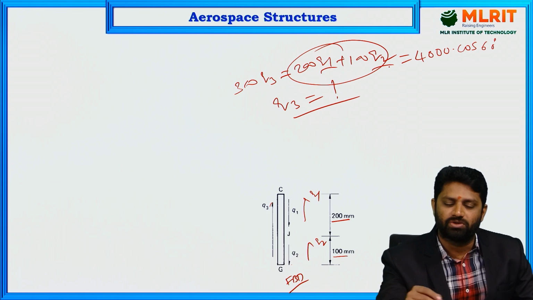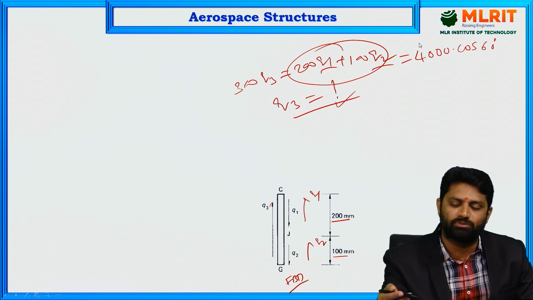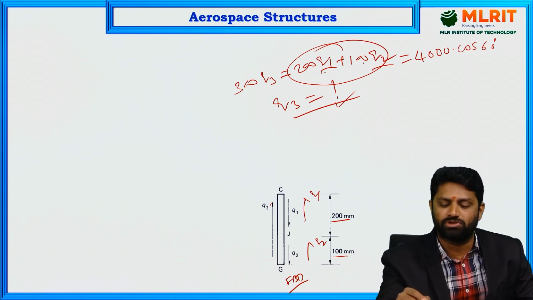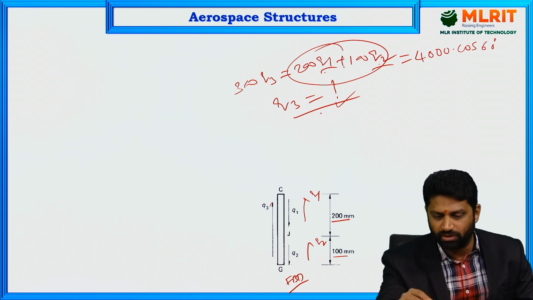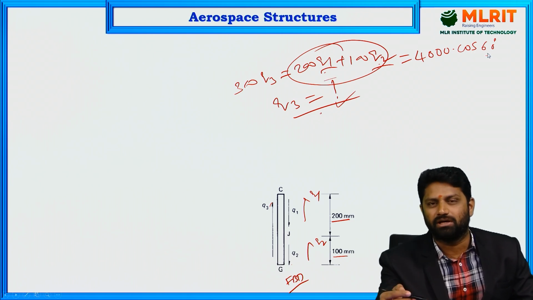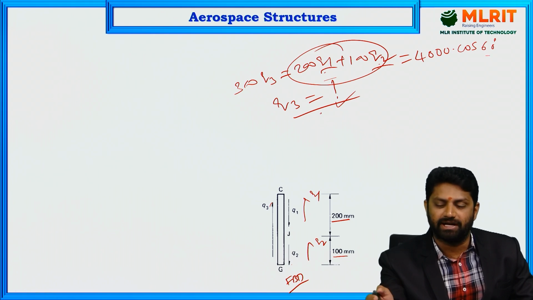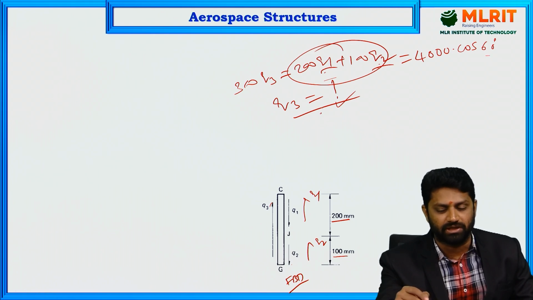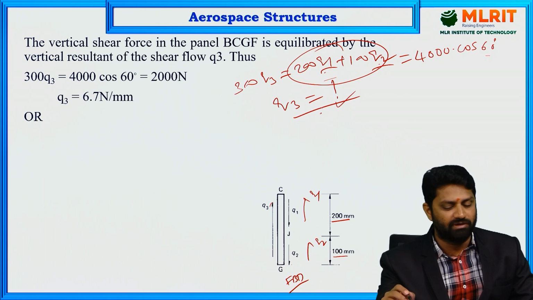Q3 will be equal to 4000 cos 60 divided by 300. Both are the same. Either you can substitute the Q1 and Q2 values and get Q3, or you can write 200 Q1 plus 100 Q2 equal to 4000 cos 60 from the vertical equilibrium of HKD, and get Q3. This is how Q3 is calculated.